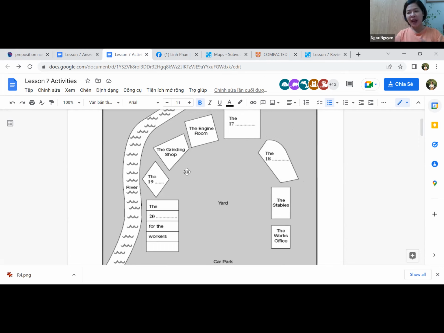Grind is the act of breaking things into smaller pieces. So the grinding shop is a shop where people break things into smaller pieces. So be familiar with the names of the given words, identify where things are, and imagine how to reach different places on the map. You need to make yourself familiar with the map before the recording starts, and that is a very good strategy.